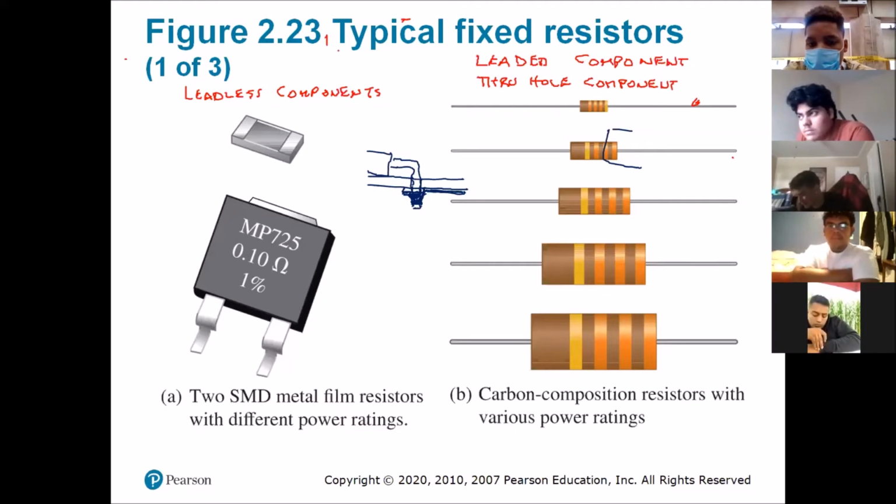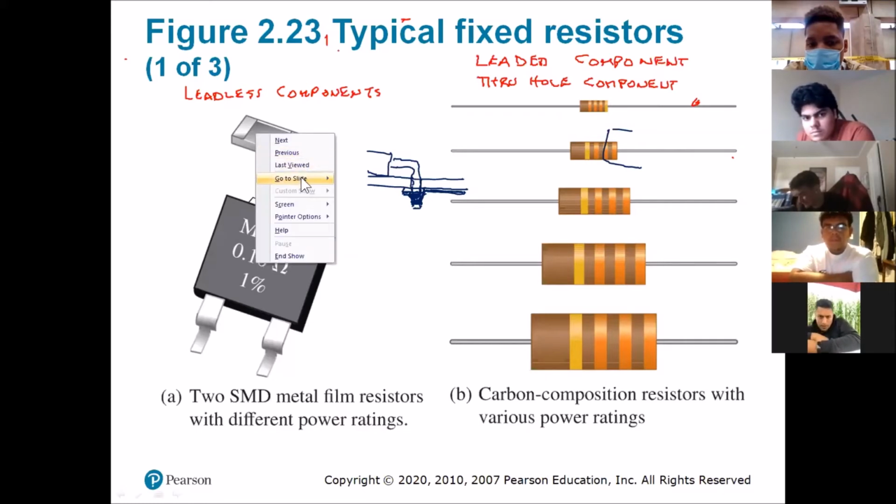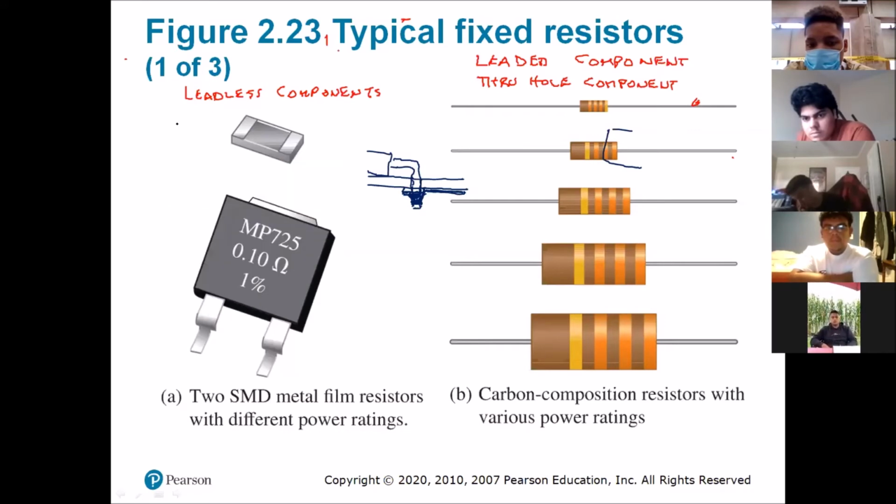More and more, we're going to the leadless version, which is sometimes called a surface mount device.